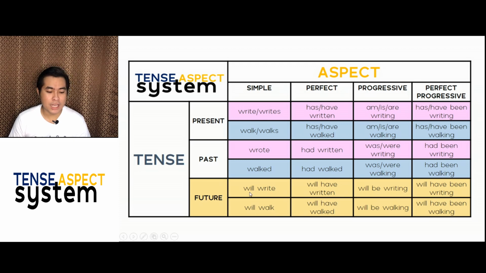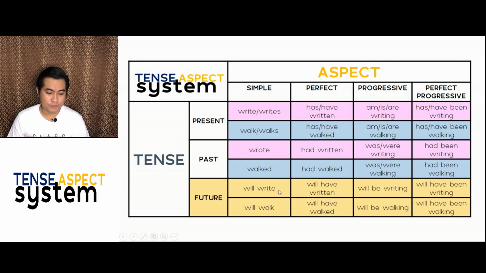And then you just add the helping verb will, or shall for some cases. So will write, and then will walk. So it's also easy to remember the future because you don't actually consider the pluralization of the subject. Regardless if it is singular or plural, you just use the same form, will or shall, plus the base form of the verb.